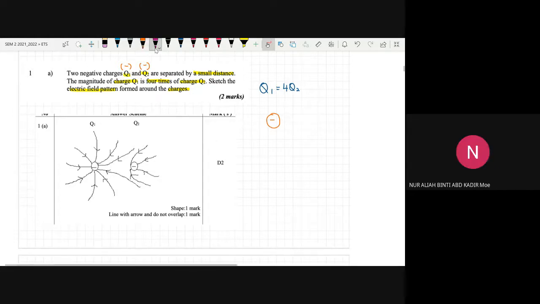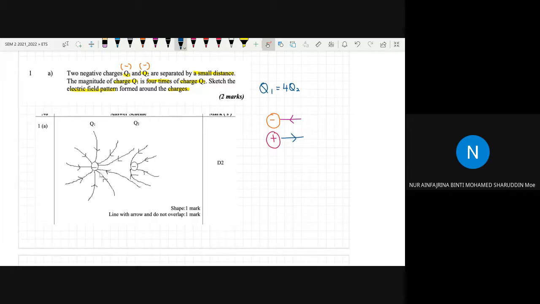Anyone? Towards, very good. It will be towards the charge. If it is a positive charge, the electric field will be away from the charge. Now, both charges are negative, which means the electric field will go into both of them, towards the charges.